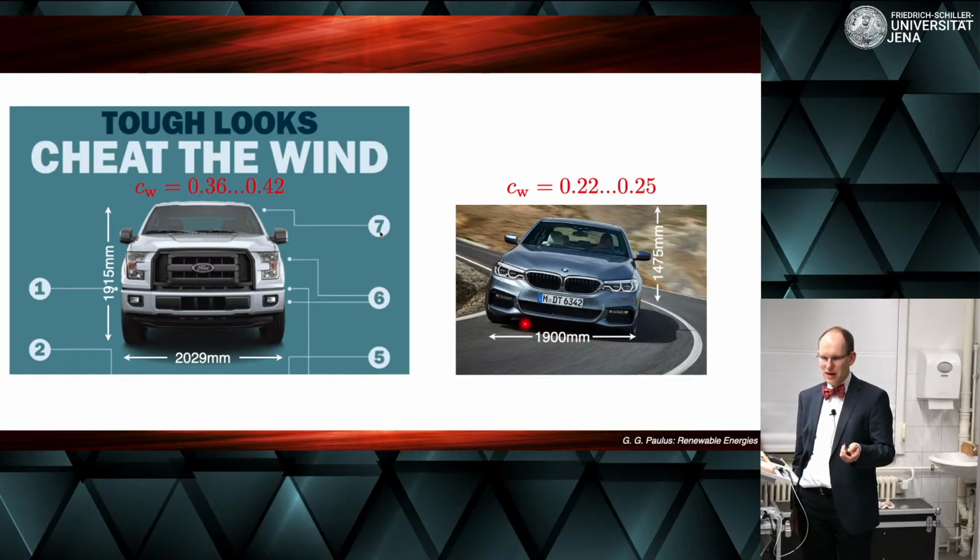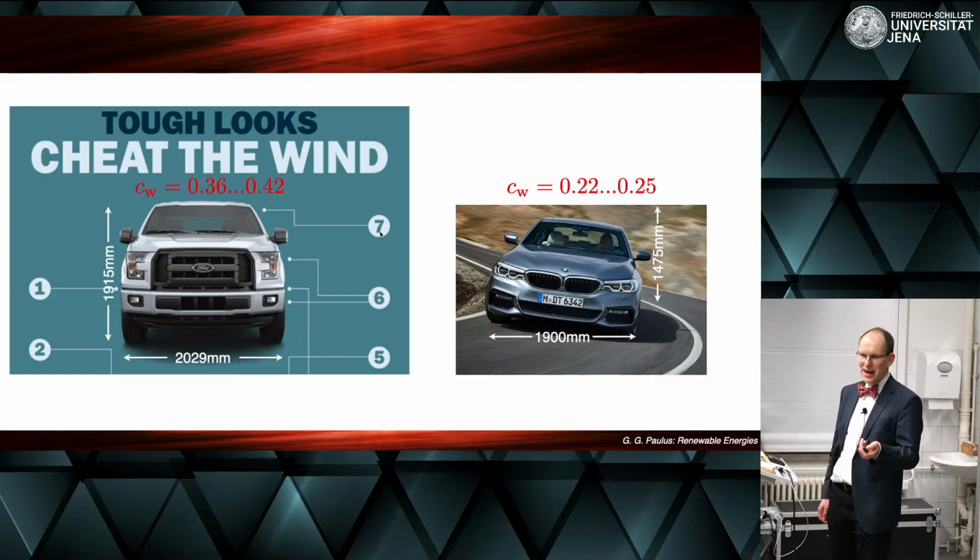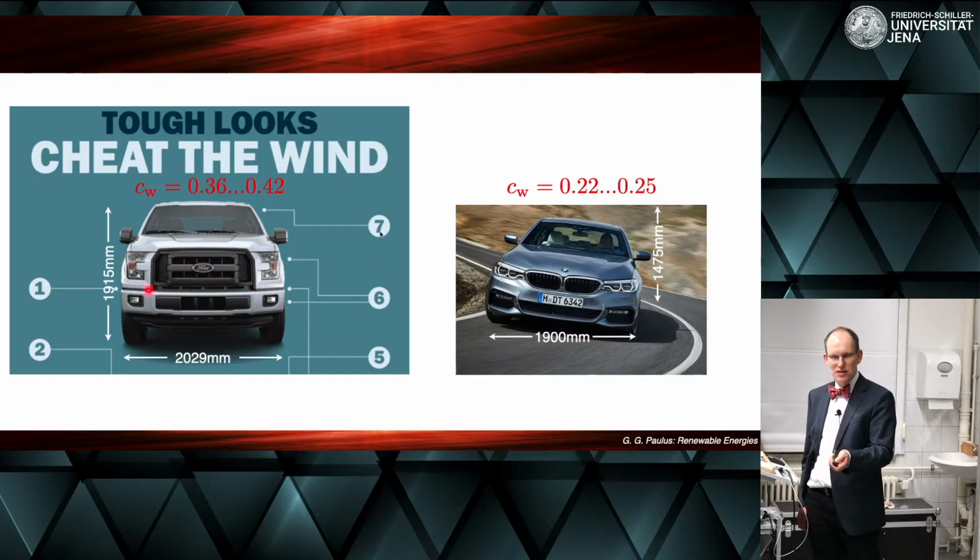I just looked up the height and the width of these vehicles, and what you find is that the drag losses of this car are twice as large as this car, or in other words, you can drive this car square root of 2 times faster than this car. And this is probably what we do in Germany, right? We drive square root of 2 times faster than this car.